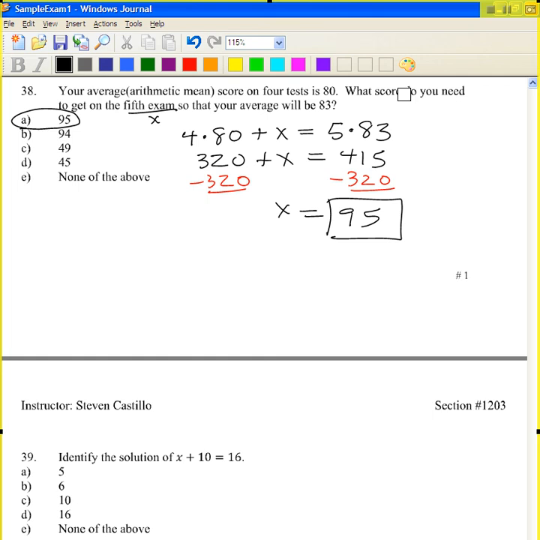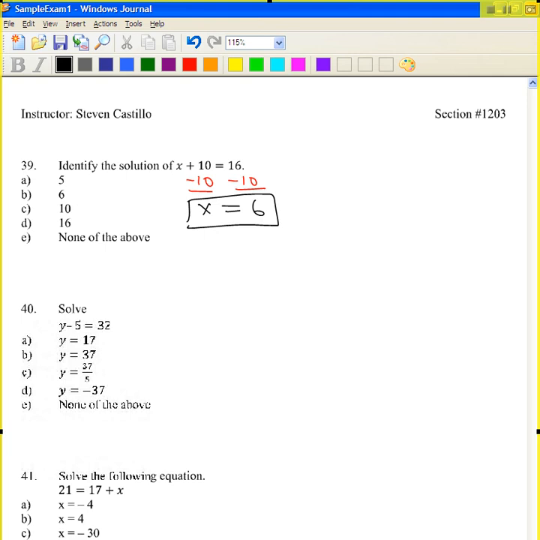Let me do problem number 39. Identify the solution. Well, I'll just subtract 10 from both sides of my equation. 16 minus 10 is 6. And so, B. Let me do problem number 40.